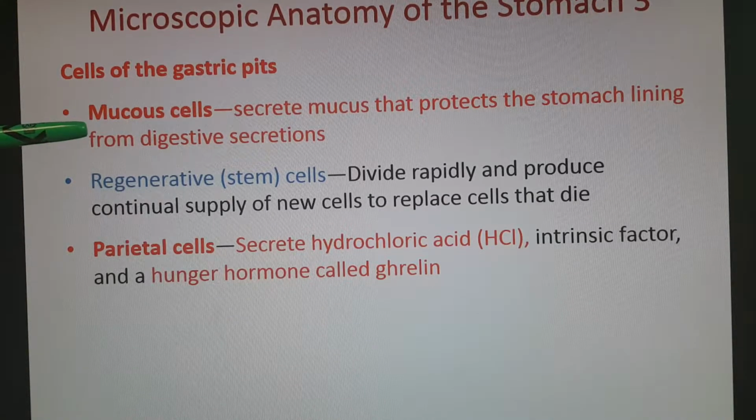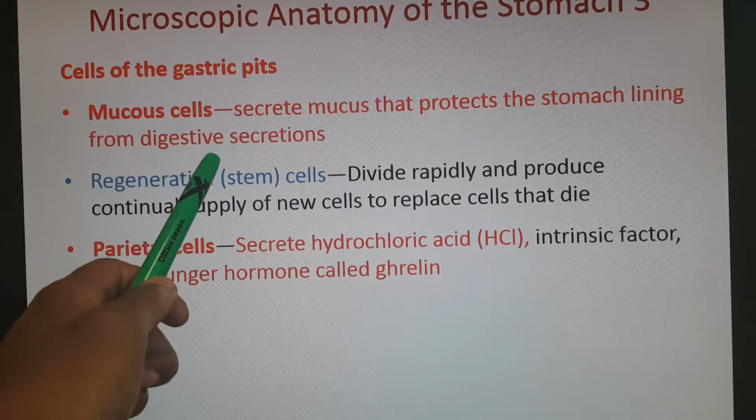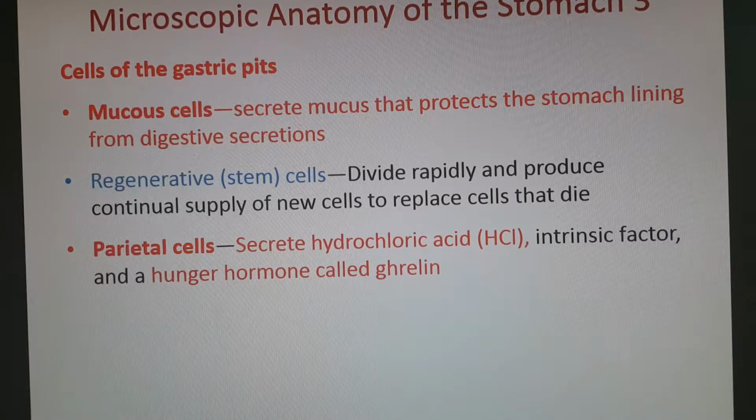They help to provide a mucus coating for the stomach to help protect it from your digestive secretions, so the acid and other enzymes that would break down your food. That mucus layer also prevents those gastric juices from breaking down the stomach.